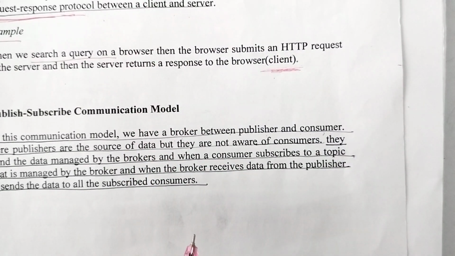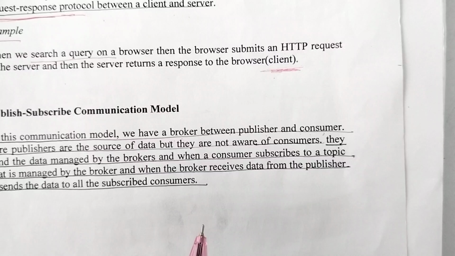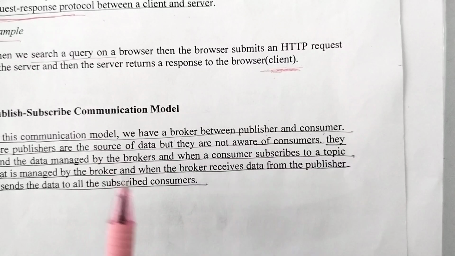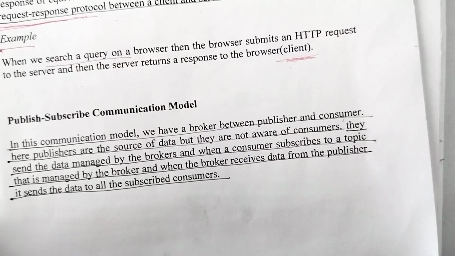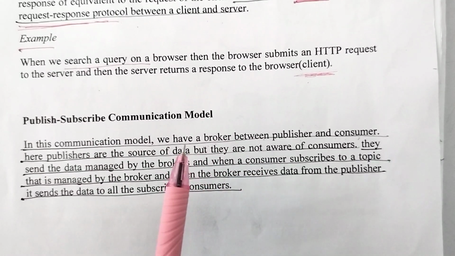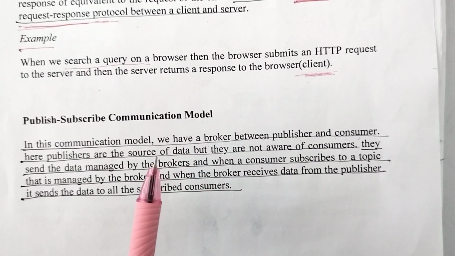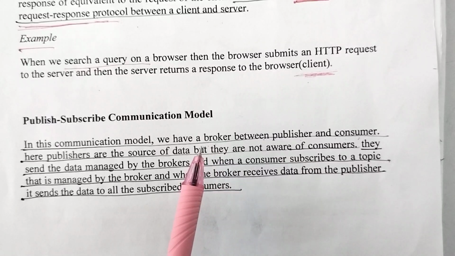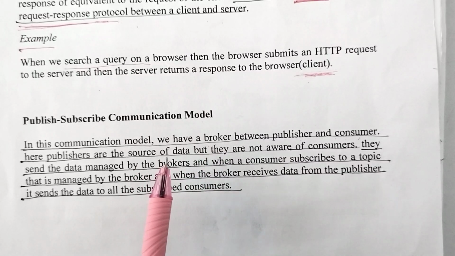But at times when there are multiple requests from multiple sources, how can we cater to such requests? That is with the help of publish subscribe communication models. This is one such architecture which responds to several requests at the same time in an asynchronous communication form.